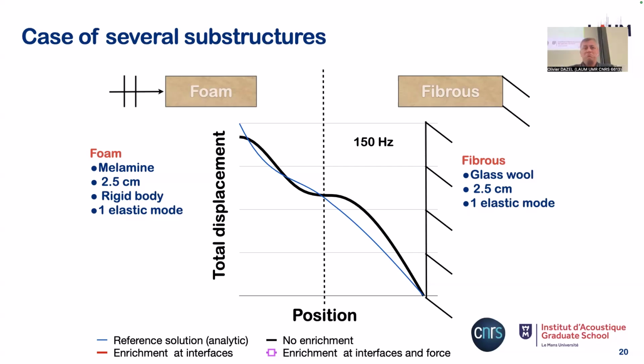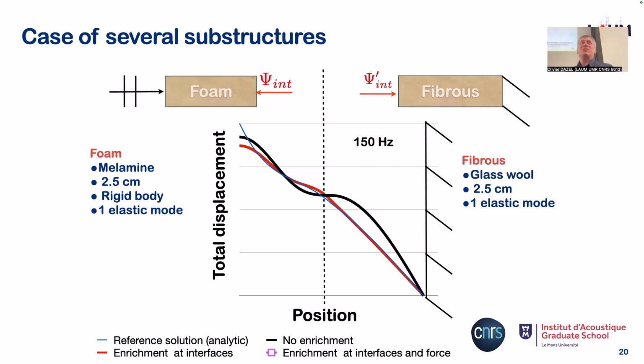So to enrich, a classical thing of fluid structure, we create an attachment mode with the methodology that I presented, by putting a kind of additional force on both sides. By doing that, this is the classical CMS approach, we see that at least at the interface between the two materials, we have a better displacement. On the left, this is very important because this is what will generate the interaction with the external fluid.